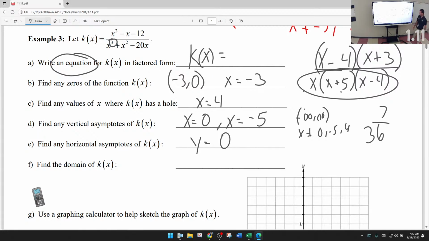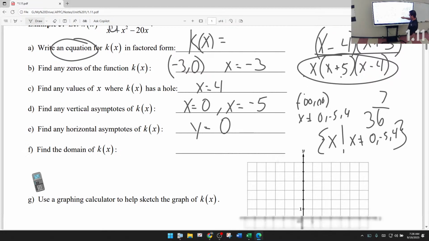So set notation says you write it as a bracket, all real values of x such that x cannot be 0, negative 5, 4, and then you close the bracket. So that's set notation. You probably have never seen set notation. So I was putting those two things together. So you have to go from negative infinity to negative 5, negative 5 to 0, 0 to 4, 4 to infinity. So that's what you have to do on those. That's what the domain is.